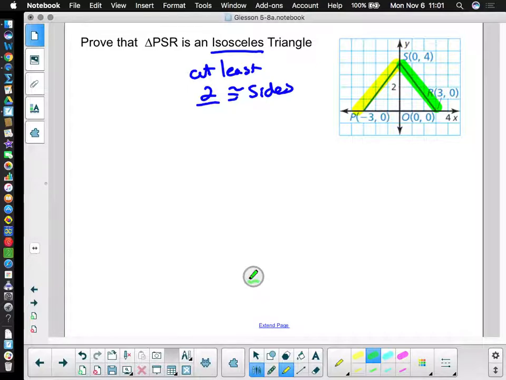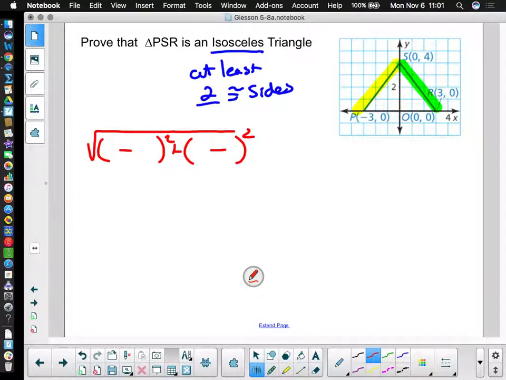So what do we do? We plug into our distance formula. And again, make sure you're designating which segment you're finding so anyone who's reading it can follow along with what your work is saying. So if I'm going to find PS first, I'm going to say PS equals. I'm going to plug in my coordinates for that. My x coordinates are -3 and 0. My y coordinates are 0 and 4. And now we just do our simplification.